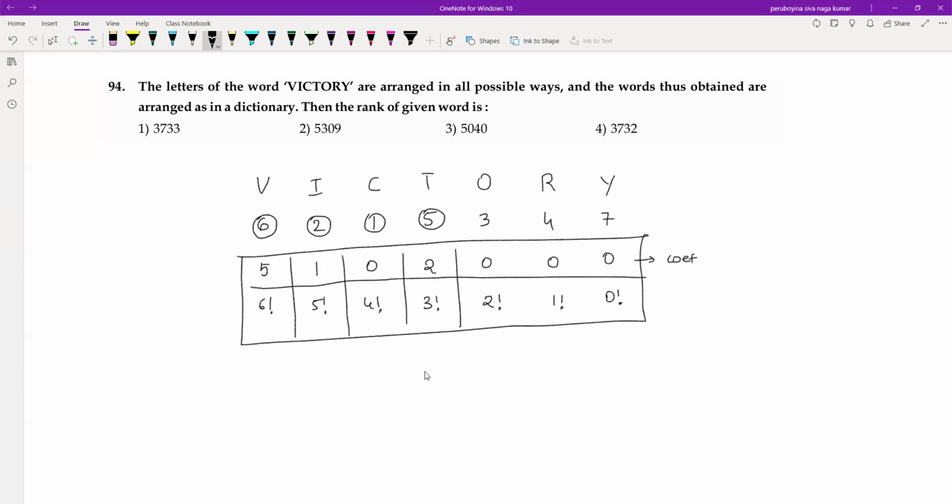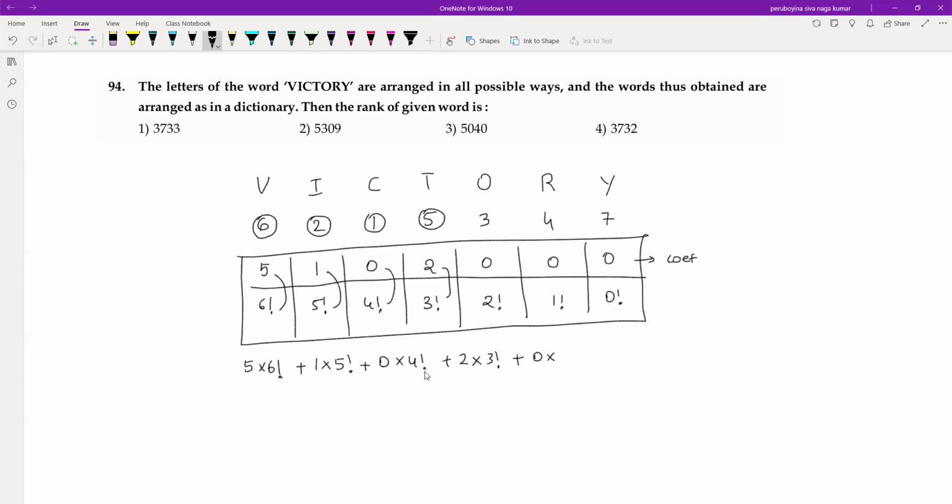Okay. So you should multiply these 2 numbers together like this. 5 into 6 factorial plus 1 into 5 factorial plus 0 into 4 factorial plus 2 into 3 factorial plus, okay, these 2 numbers I am multiplying together, and externally I am adding all the numbers.